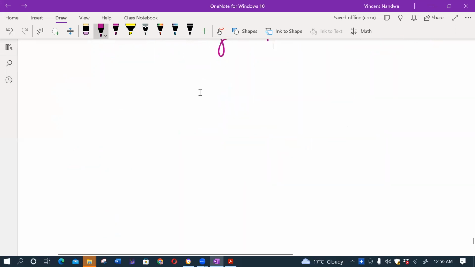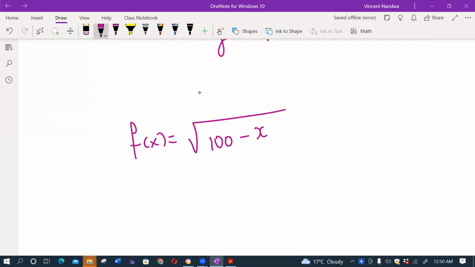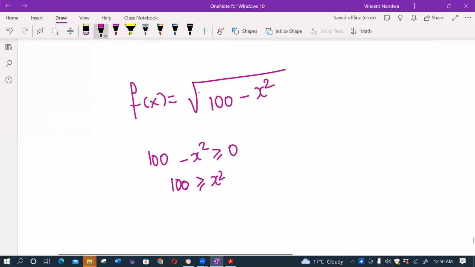Just know that there's a difference. If we define the function in this way, the square root of 100 minus x squared, then we expect the number 100 minus x squared to be greater than or equal to 0. So 100 is greater than or equal to x squared, so x is plus or minus 10.